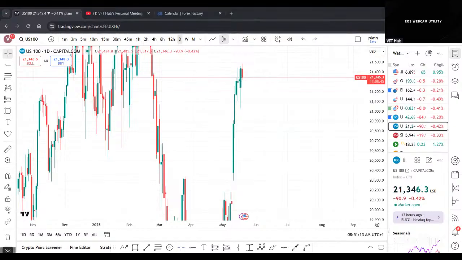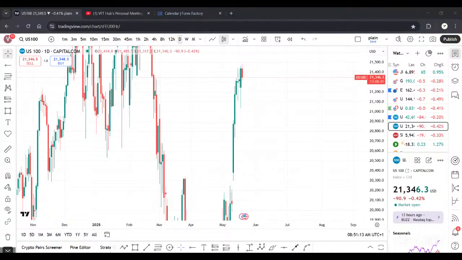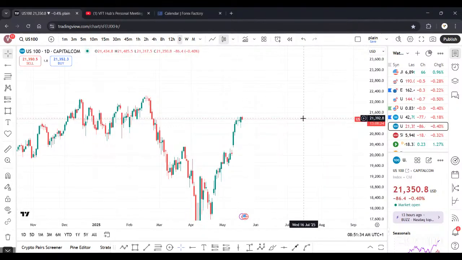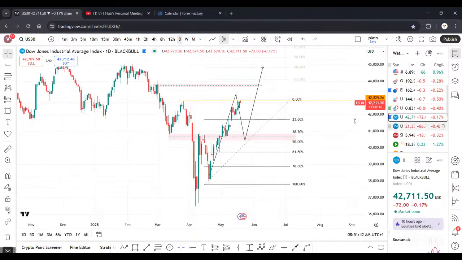Move to US 100, which is NASDAQ. Okay, so on US 100 on the daily time frame, we've seen that unlike US 30, we've seen a lot of movement.